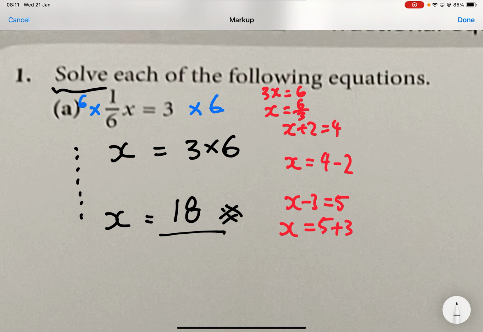I get rid of plus 7 first. So I have to subtract 7 on both sides. Once I subtract 7 on both sides, 7 on the left will disappear. It will appear on the right because I minus 7 on both sides. Simplify.